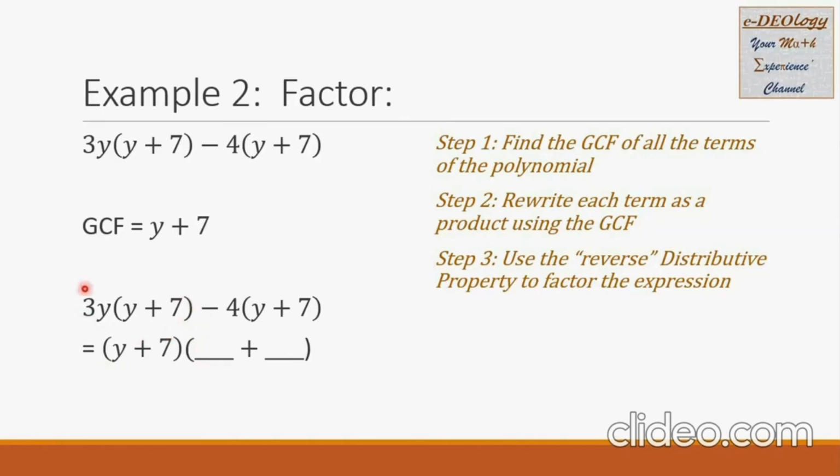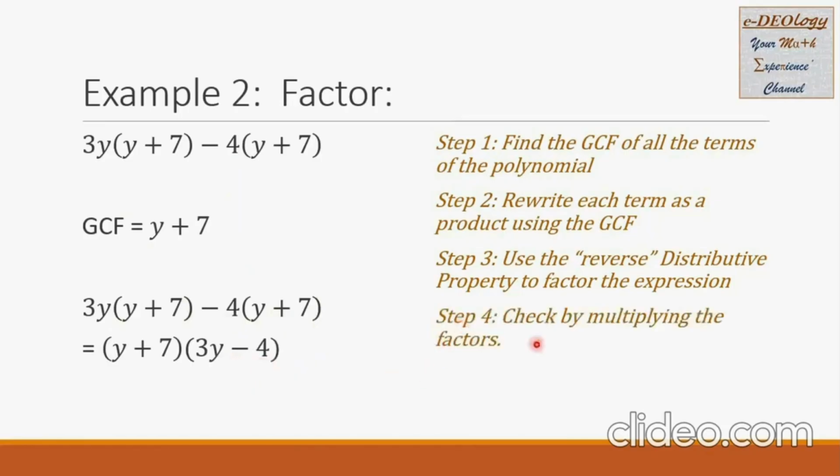Looking at this first group, I can see that 3y will remain after I remove the GCF. So I will write the 3y. And then plus. For the second blank, I'm going to write the remaining term after removing the GCF. So that is the negative 4. So negative 4 will come down here. So this is plus and minus. I will simplify this into negative 4.